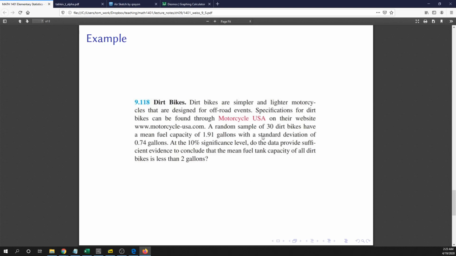We do know the sample standard deviation is 0.74 gallons. You can see it says a random sample of 30 dirt bikes have a mean fuel capacity of 1.91 gallons with a standard deviation of 0.74 gallons. You may say, wait a second, that's a little confusing because they just say standard deviation.